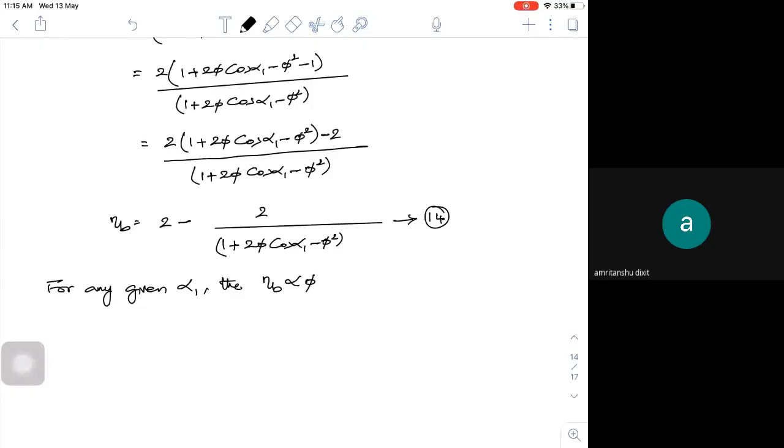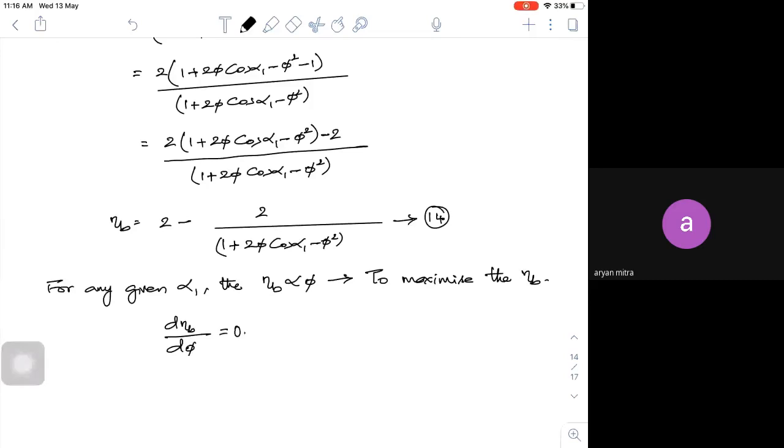So to maximize the blade efficiency, I need to differentiate the blade efficiency with respect to phi and equate it to 0.